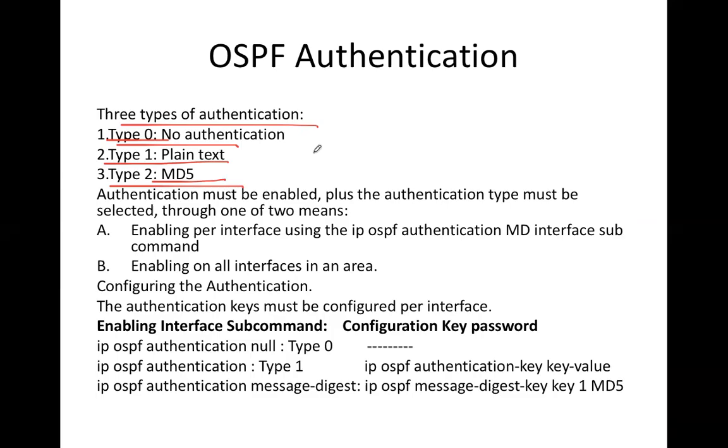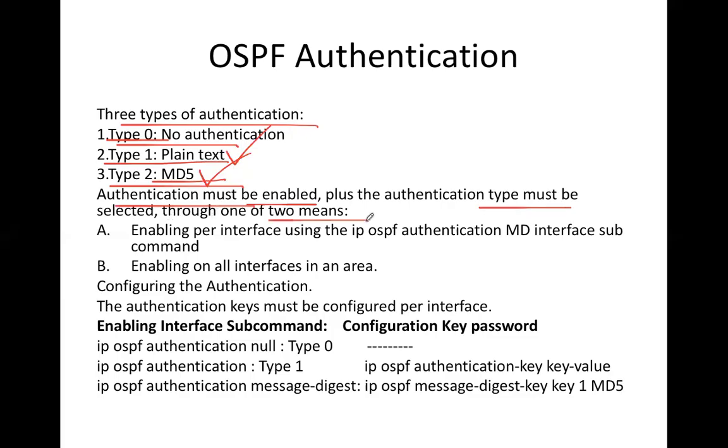Now, whenever you configure authentication between two neighbors, authentication must be enabled. So there are two pieces of it, right? One, to enable authentication, as in whether you want to enable type 1 or type 2, right? Plus the authentication type must be selected through one of the two means.